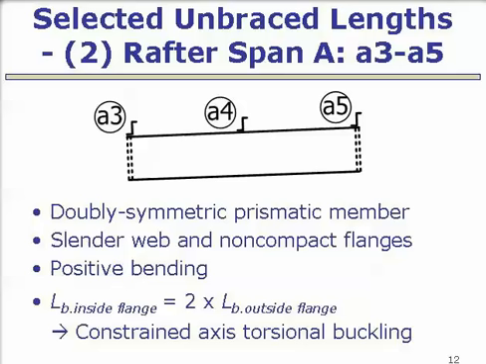These marks show the purlin locations, and these two dashed lines indicate that you have angle braces from the purlin to the bottom flange. But you don't have that bracing at the middle point A4. So the unbraced length on the outside flange is shorter than the unbraced length for the inside flange. We are going to talk about constrained-axis torsional buckling in later slides.